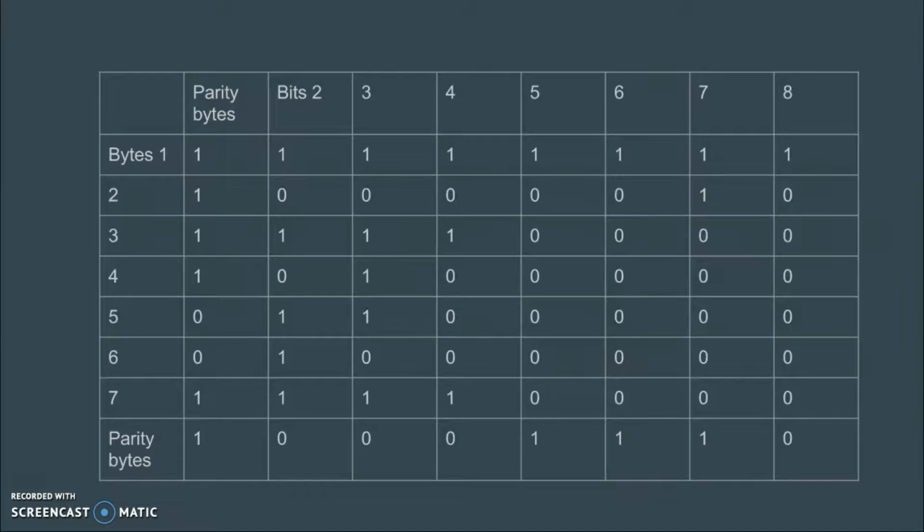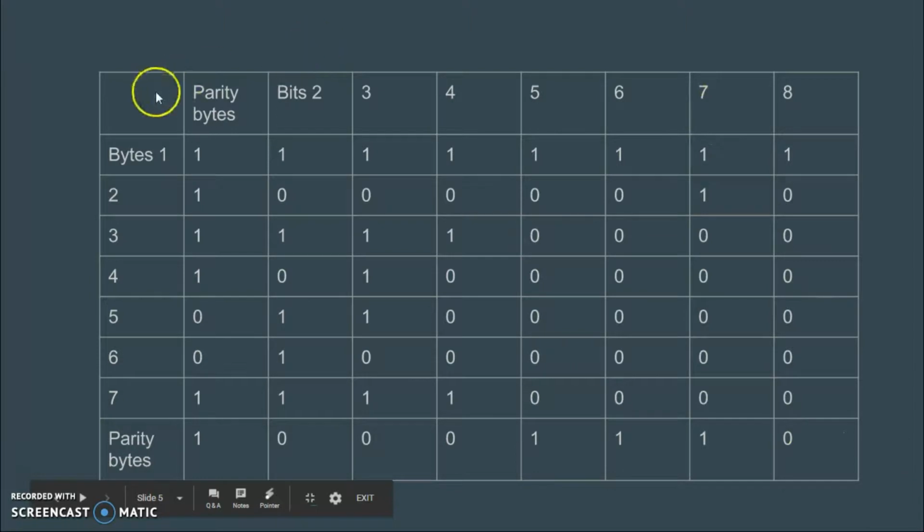So here's an example of a parity block. The parity block consists of a parity byte on the horizontal and a parity byte on the vertical. So I went with the parity bytes being even. There's 1, 2, 3, 4, 5, 6 ones, which is even, and on the vertical there is 1, 2, 3, 4 ones, which is also even.